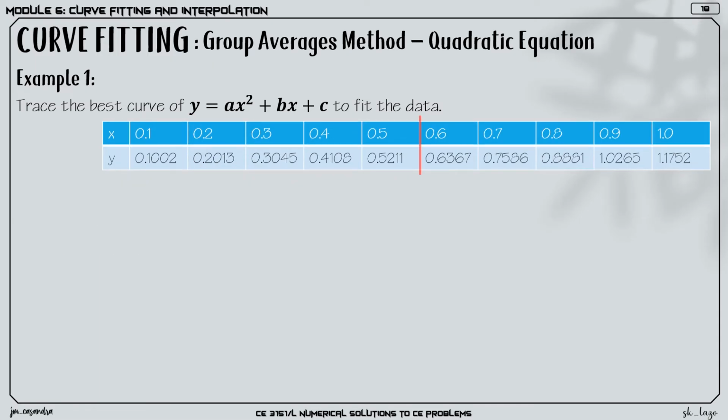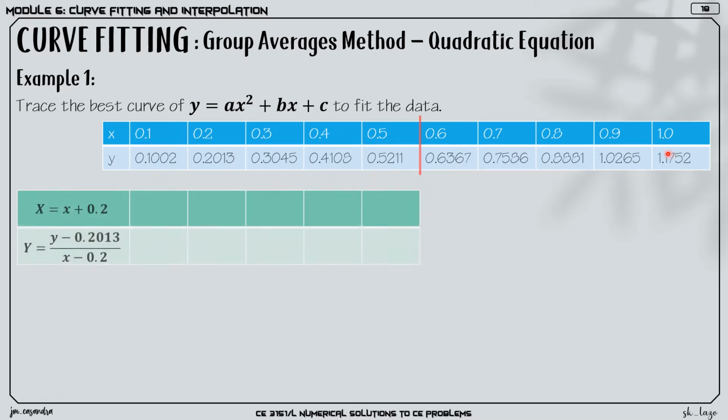From there, we divide our given coordinates into two. We have our first half and our second half of the given points. For the first half, the new x is x plus 0.2, and the new y is y minus 0.2013 over x minus 0.2. Just substitute these values of x and y in our equation.